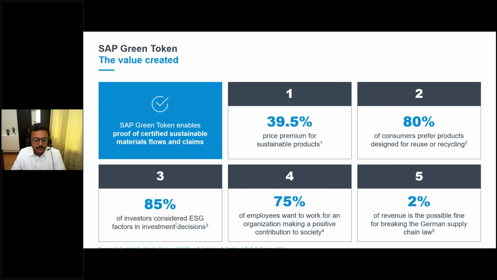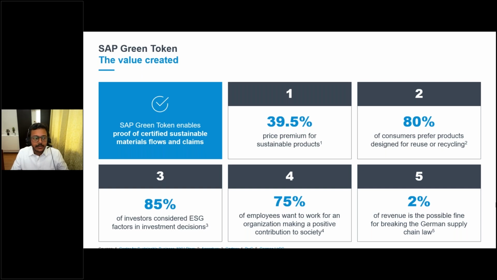Investors are taking into consideration more and more the ESG factors. Employees as well prefer to work for organizations that they believe are making a positive impact on society and the planet. And the last is the regulations.